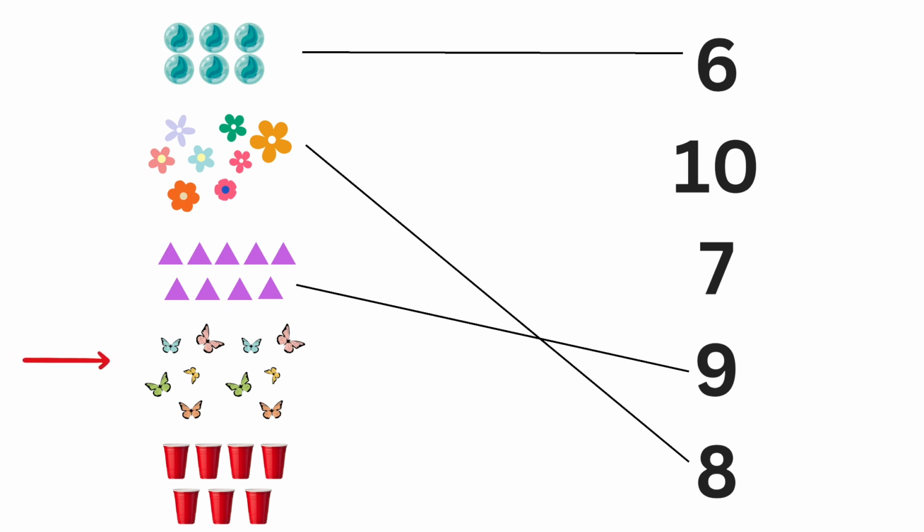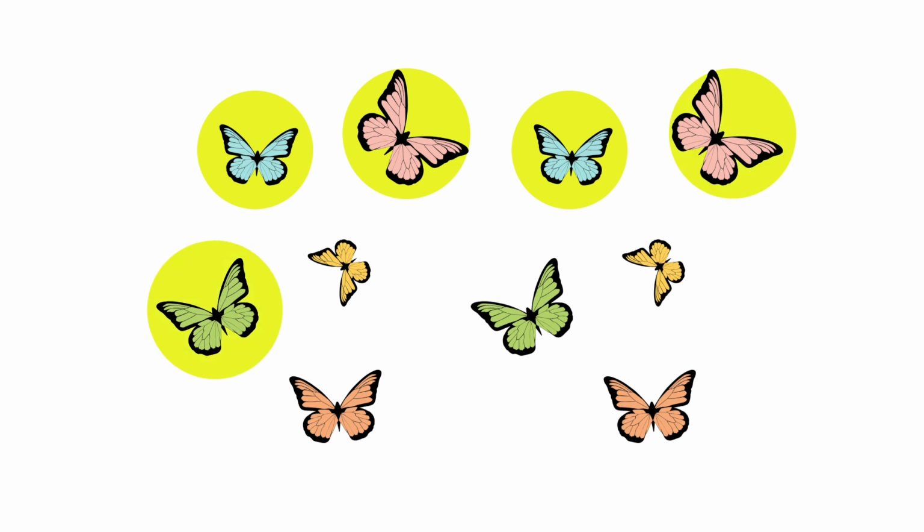How many butterflies do you see? Let's count together. 1, 2, 3, 4, 5, 6, 7, 8, 9, 10.